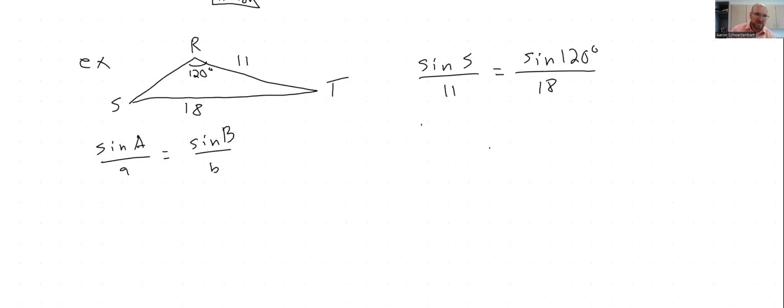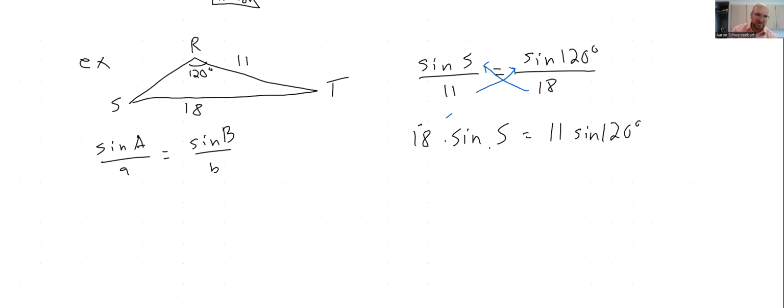I will cross multiply here, just like I did before, anytime I've got a proportion like this with an equals between them. And I get 18 times sine S equals 11 times sine of 120. Well, I'm trying to get S by itself.